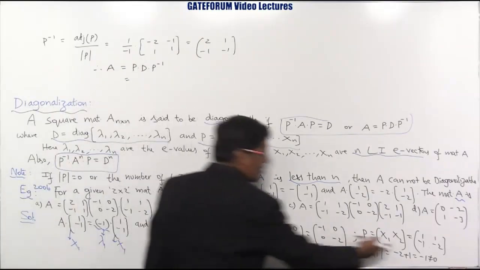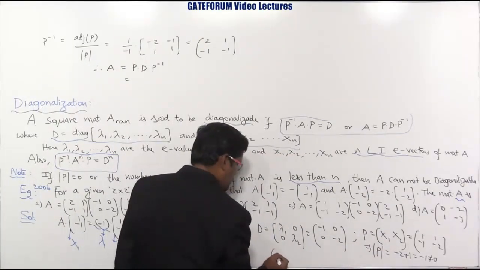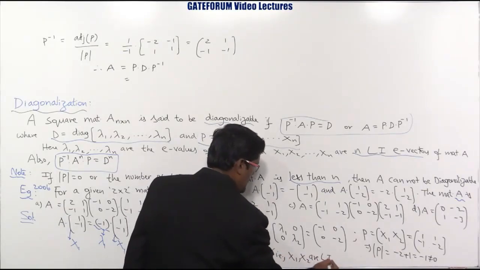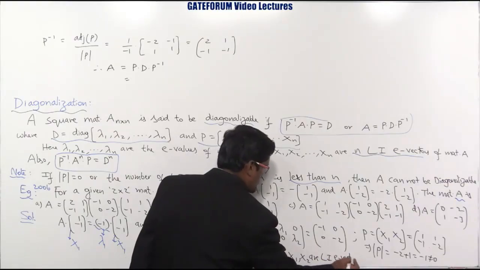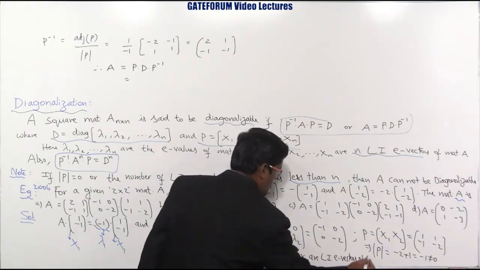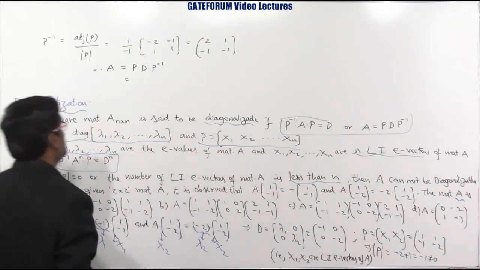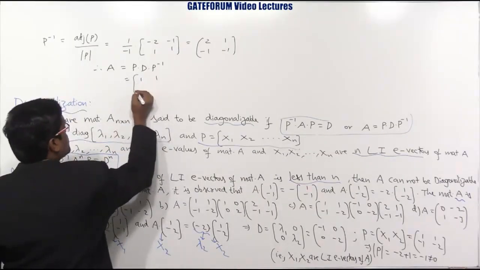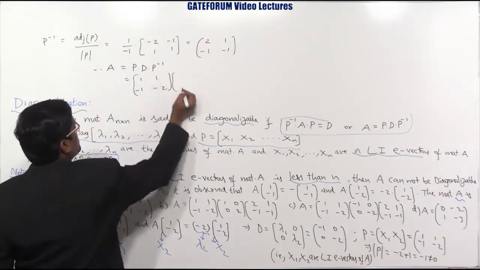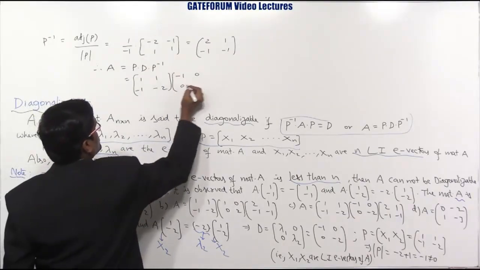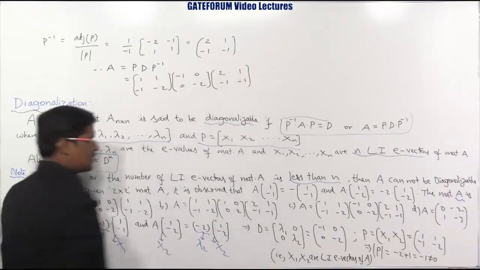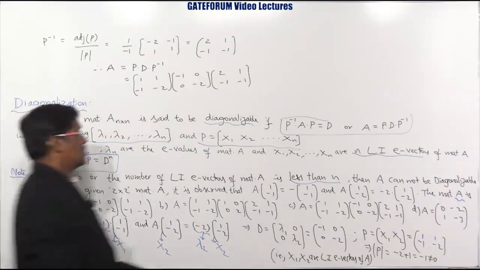When det P is not equal to 0, x1, x2 are linearly independent eigenvectors of matrix A. What is the P matrix? 1, 1, minus 1, minus 2. What is the D matrix? Minus 1, 0, 0, minus 2. What is P inverse? 2, 1, minus 1, minus 1. Any option? So the answer is option C.